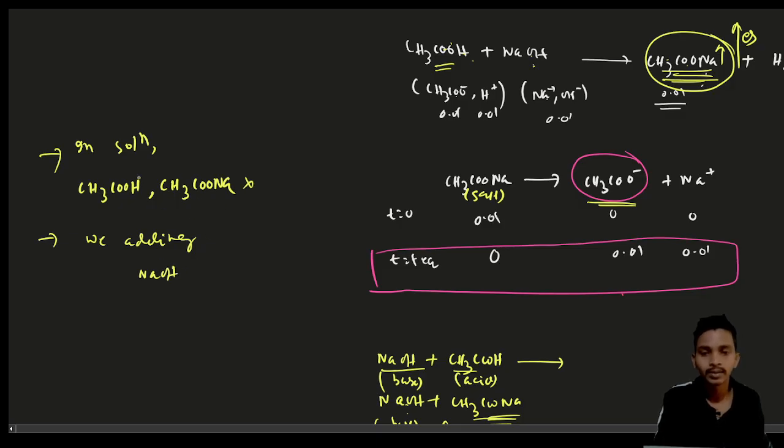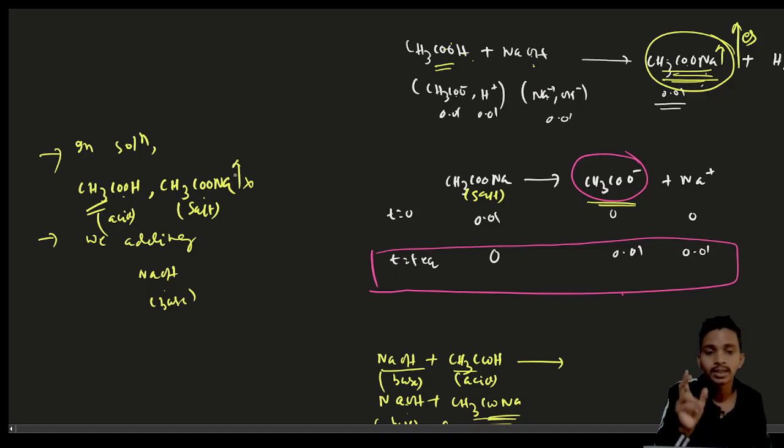NaOH will not react with the salt but will react with the acid only, because this is a salt, this is an acid and this is a base. Due to the common ion effect, a very small amount of CH3COOH will dissociate, but it will react, and whenever it reacts, CH3COONa is formed again. Continuously you are adding NaOH, so continuously it reacts with CH3COOH, and continuously CH3COONa is released in the solution.